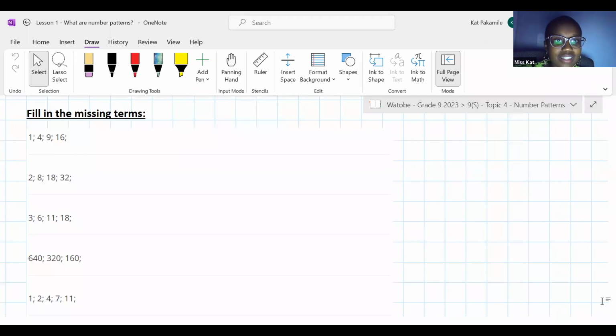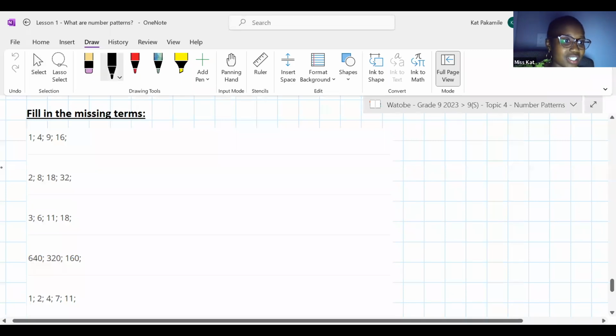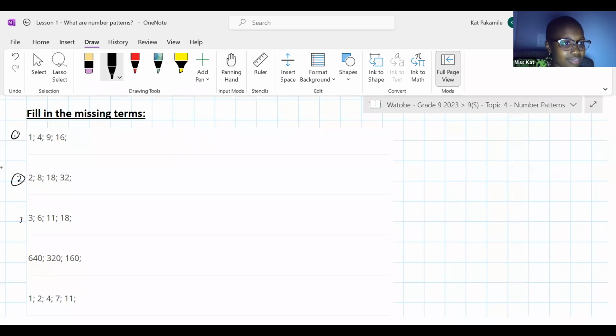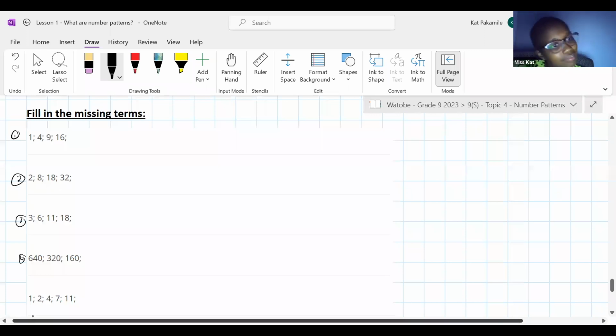Jonathan has his hand up already. Hello, Jonathan. Hello, ma'am. Are you ready? So what you basically do is go in odd numbers, from 3 to 5, then from 5 to 7, then you add 9, and then it goes to 11.